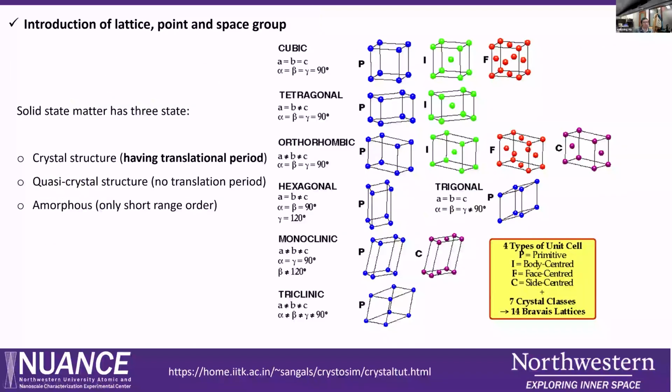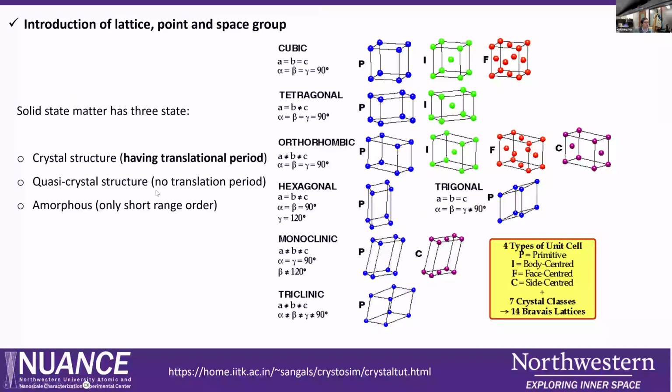First, let me give you some introduction about lattice, point group and space group. For solid state matter, you usually have three states. One is the crystal structure, which has a translational period.